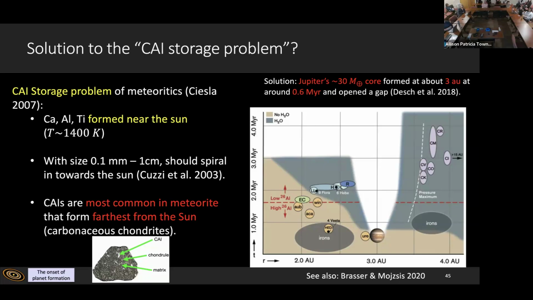This is a very interesting picture, and our ALMA observations showing that substructures form very early on support this picture.